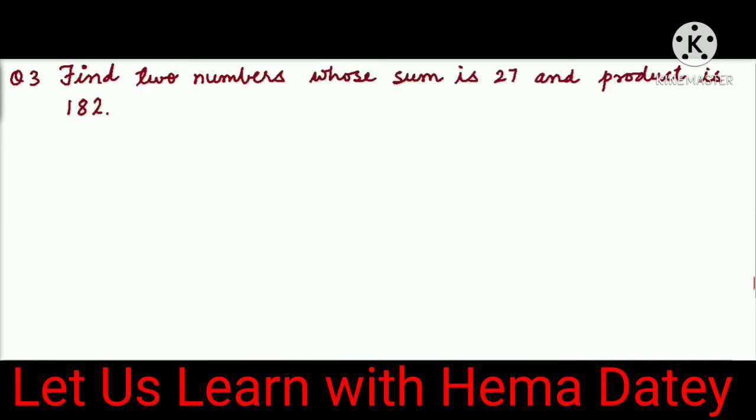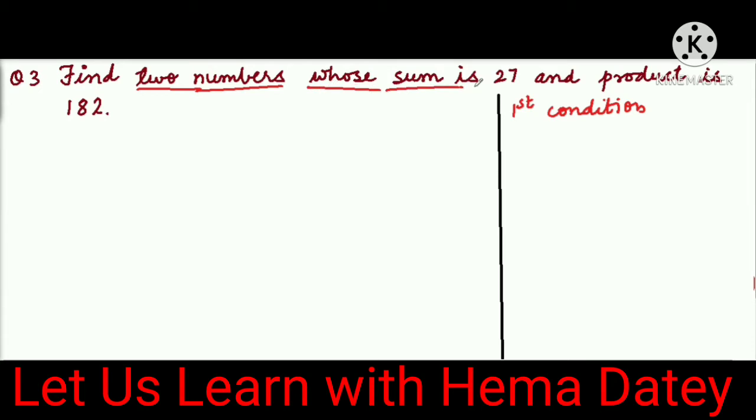Question number 3. Find two numbers whose sum is 27 and product is 182. Let's see first condition. We are given two numbers whose sum is 27. We will write first number plus second number is equal to 27.